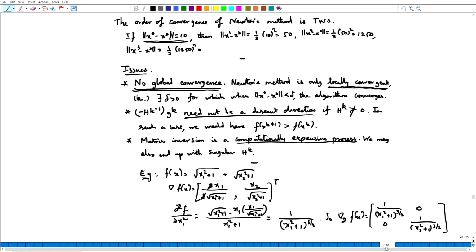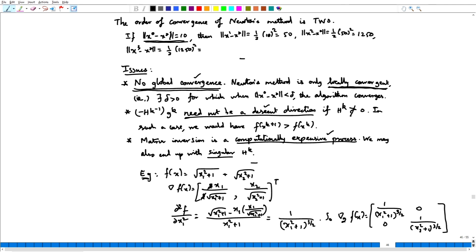So, we still have one more issue. Let me point that out to you. We took care of the no global convergence problem, the descent direction problem, and also the singular h k problem. We still have the issue that matrix inversion is a computationally expensive process.